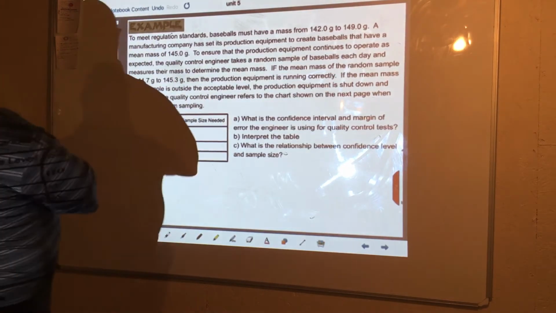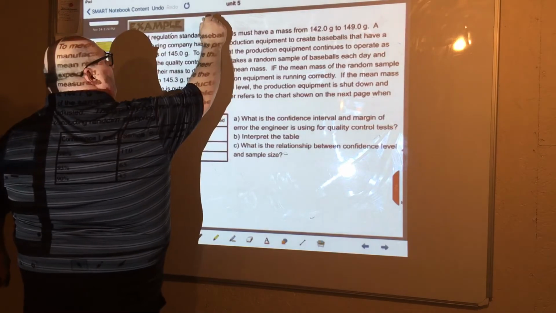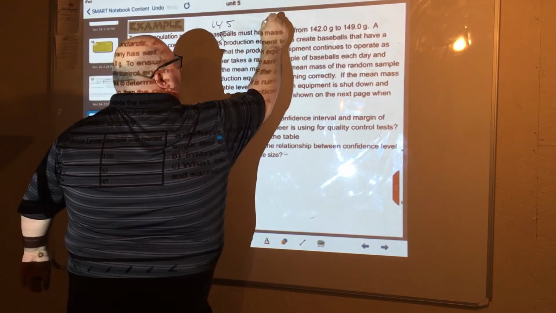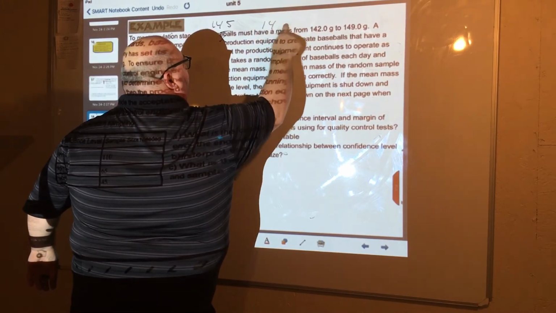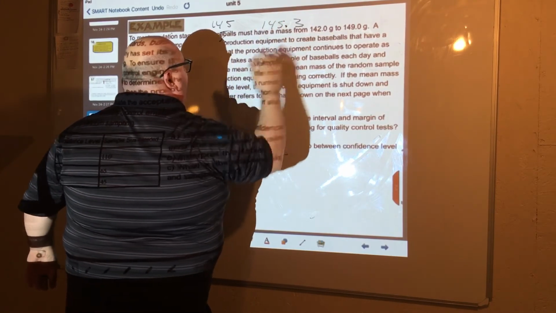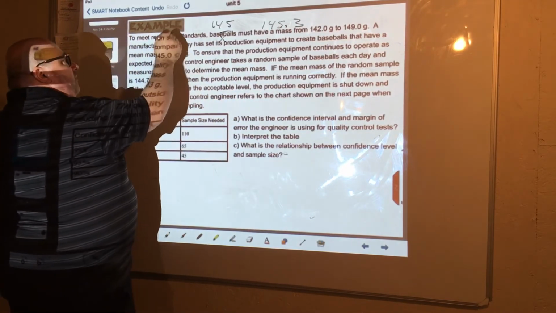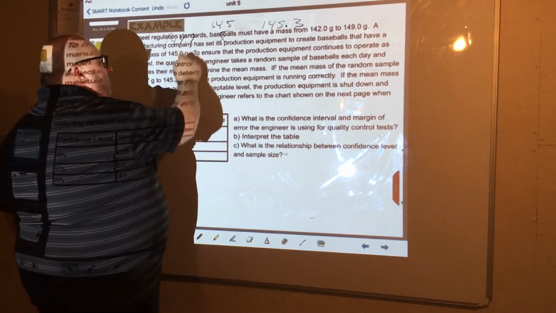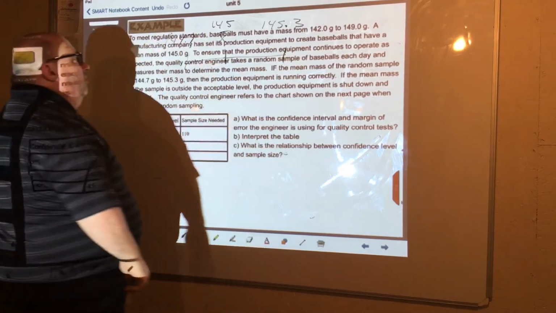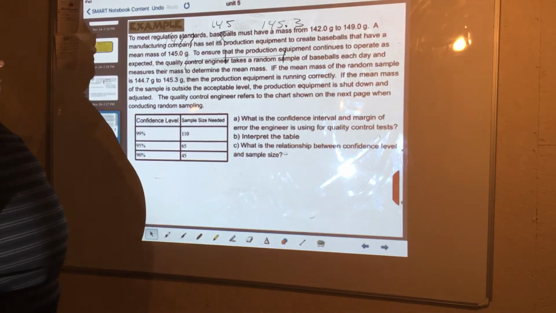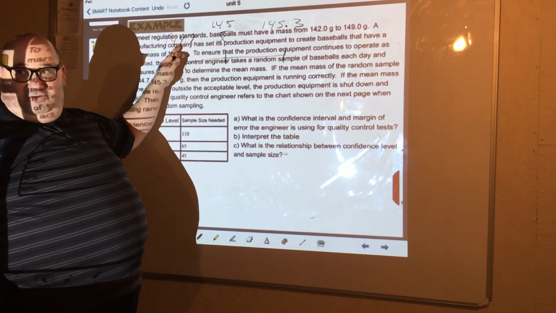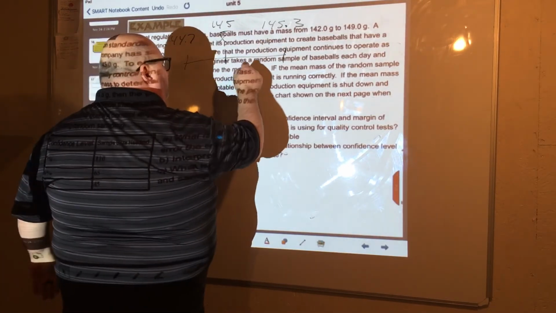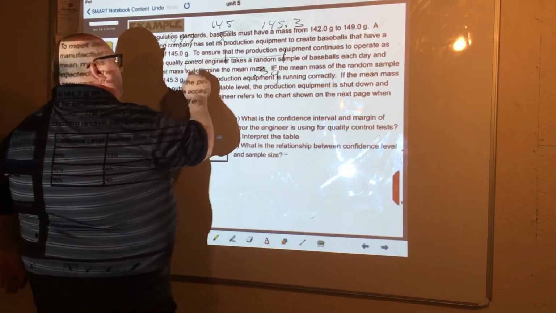Well, if we look at 145 as our mean, 145.3 as one end of the spectrum and 144.7 as the other end, that means our plus or minus area is 145 minus 144.7 or 145.3 minus 145, 0.3 grams.